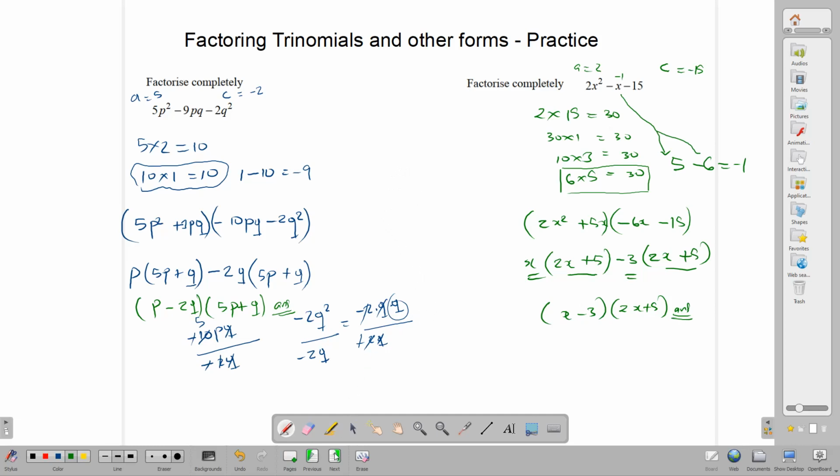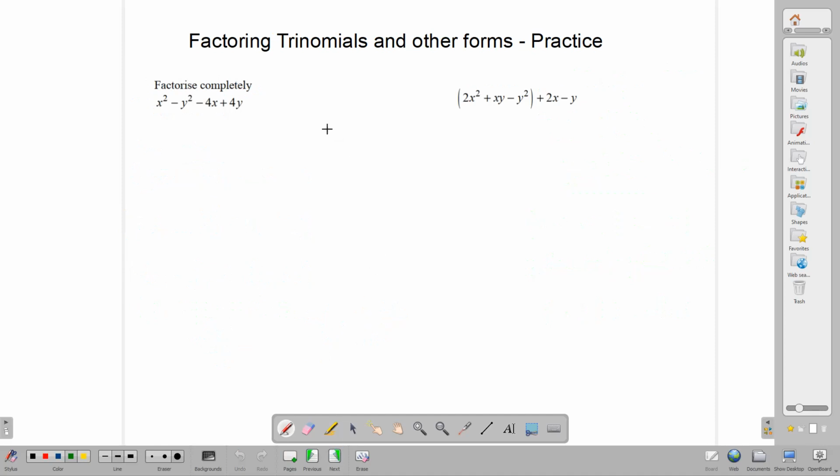Now we're going to consider some other questions that have some other techniques that are needed to factor. So let's look at this question. We have 1, 2, 3, 4 parts, and immediately it looks like you can factor it by grouping. So let's try to factor it by grouping. You would write down x squared with the minus 4x when you reorganize it, and minus y squared with the plus 4y.